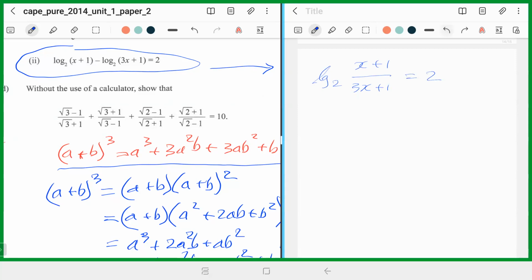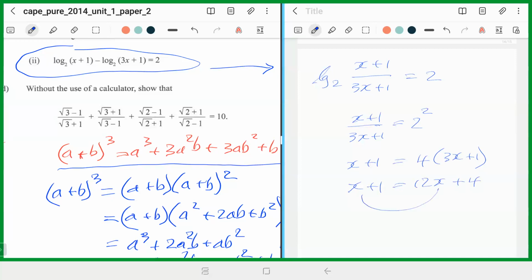So we end up getting x plus 1 over 3x plus 1 equals 2 raised to the power 2, which is equal to 4. We're going to multiply across by the 3x plus 1. We get x plus 1 equals 4 times 3x plus 1. Easy question. x plus 1 equals 12x plus 4.